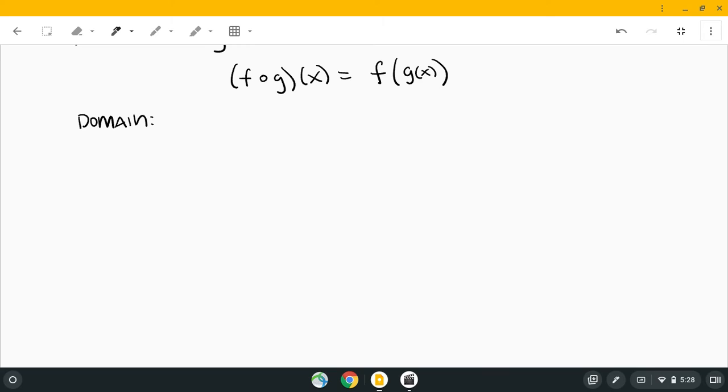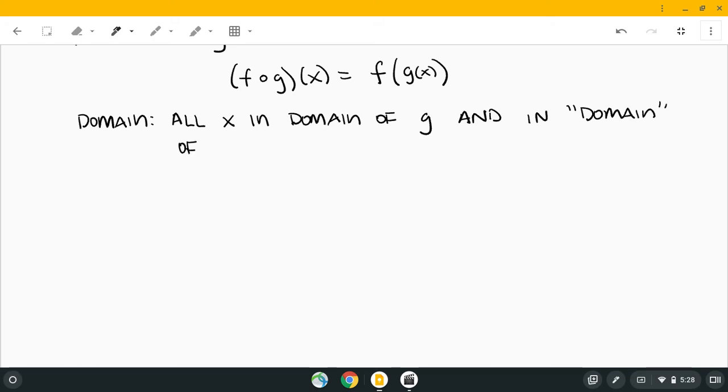Okay, so let's take a look. Go ahead and write this down. So the domain is going to be all x in the domain of g and in, and I'm just going to put this in quotes, and in the domain of f circle g.